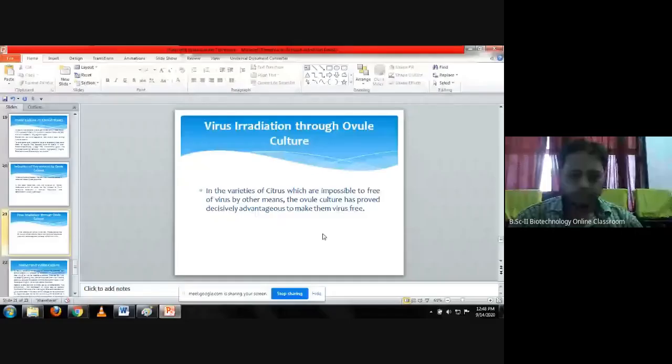The last one is the anther and pollen culture. By careful selection of developing anthers at the critical stage, it is possible to establish anther culture that will give rise to haploid plants. Alternatively, the pollen grains can be diverted from their normal pathway.